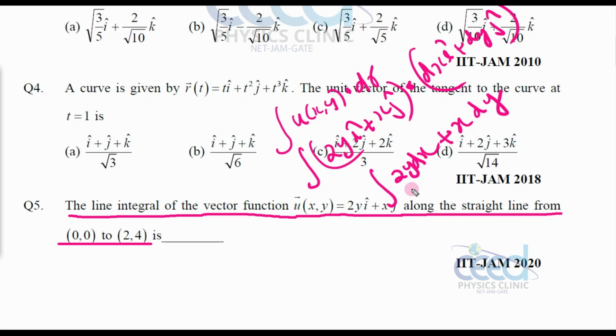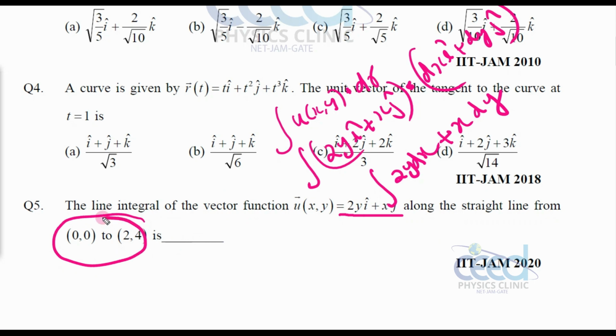So it is in mixed variables, so we have to find an expression for y. So this is the straight line through the points. Using this we can find the equation of the straight line: x minus x1, that is 0, divided by x2 minus x1, that is 2 minus 0, right?